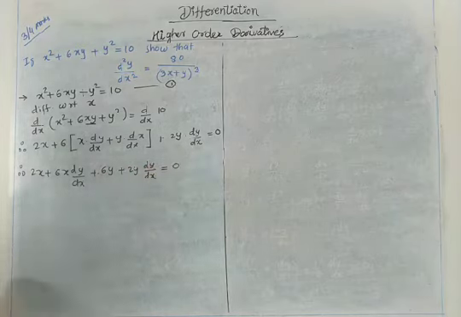Simplify the derivative. So (3x plus y) into bracket, derivative of x is 1 and derivative of 3y is 3 dy upon dx, minus (x plus 3y) into bracket, derivative of 3x is 3 and derivative of y is dy upon dx, divided by (3x plus y) bracket square.